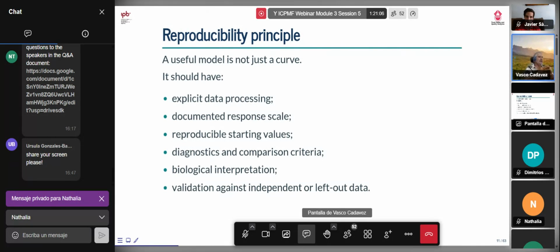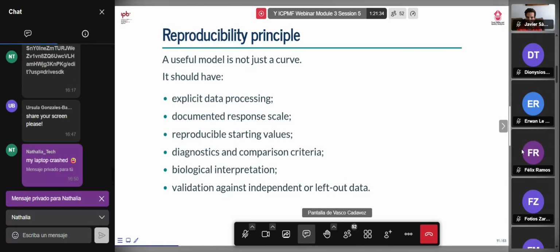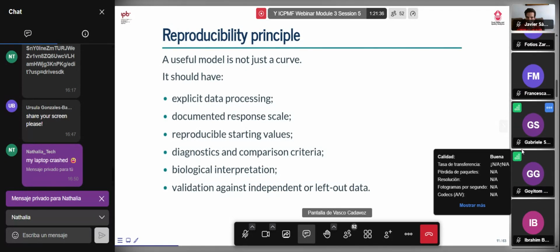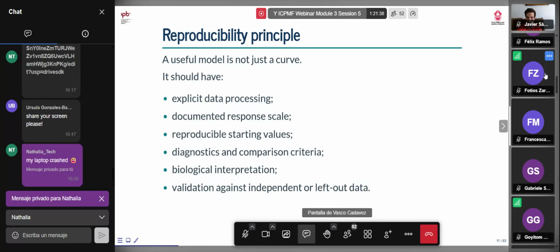Okay, so we can use a model. It's not a curve. Just a model is not just a curve. So we need to make data processing explicit, document the response scale, and give reproducible starting values. We need to apply diagnostics and some comparison criteria for models and for different fitting strategies. And of course, at the end, we need to have some biological interpretation.